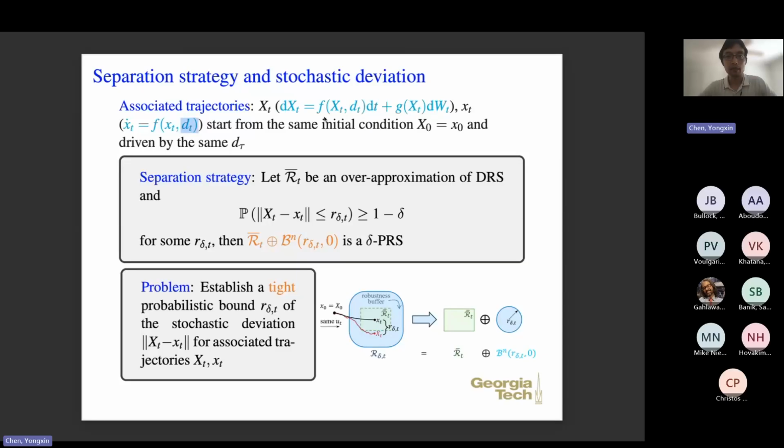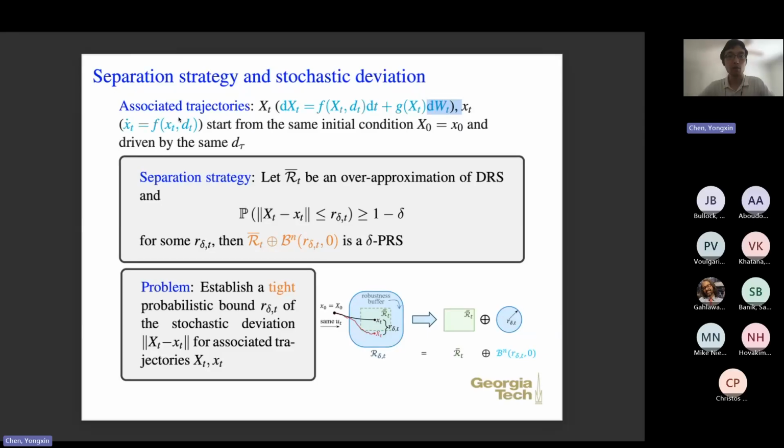If you think about this, you can imagine that the stochastic trajectory is going to oscillate, or fluctuate, around the deterministic one due to the randomness. If you can quantify this fluctuation, then you roughly know what the possible values of x_t are, and this is basically the idea.